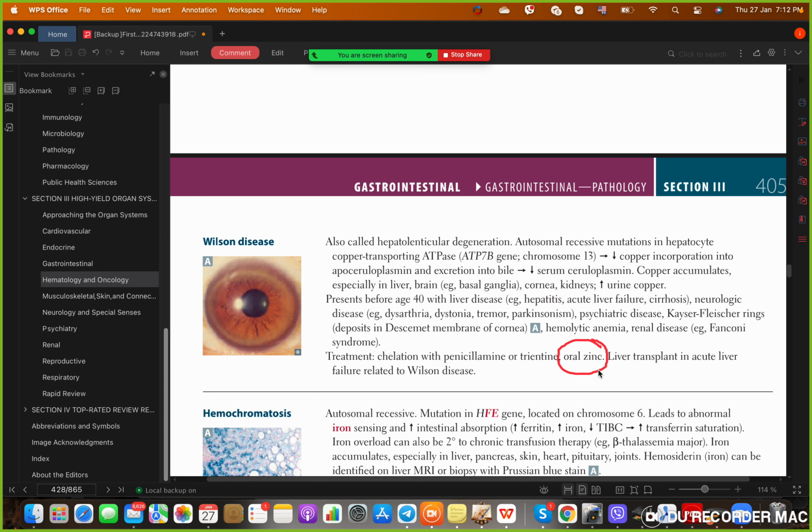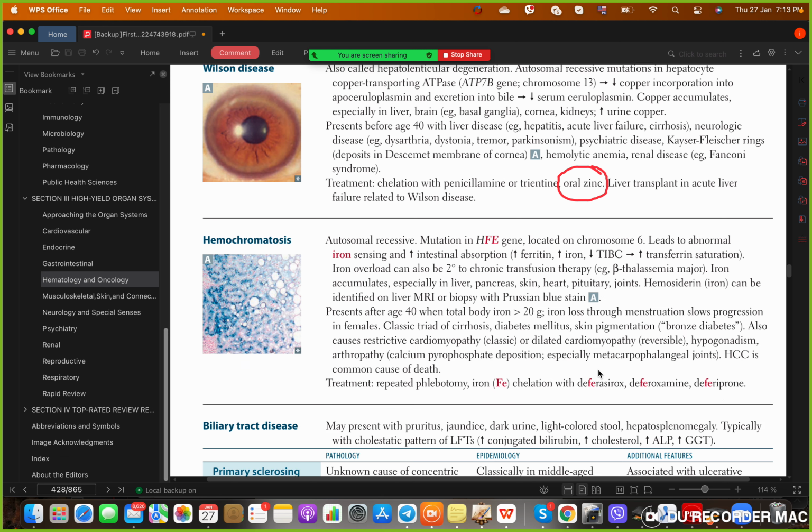Yes or no? Nope, absolutely. Good. So liver transplant in acute liver failure related to Wilson disease is actually curative.